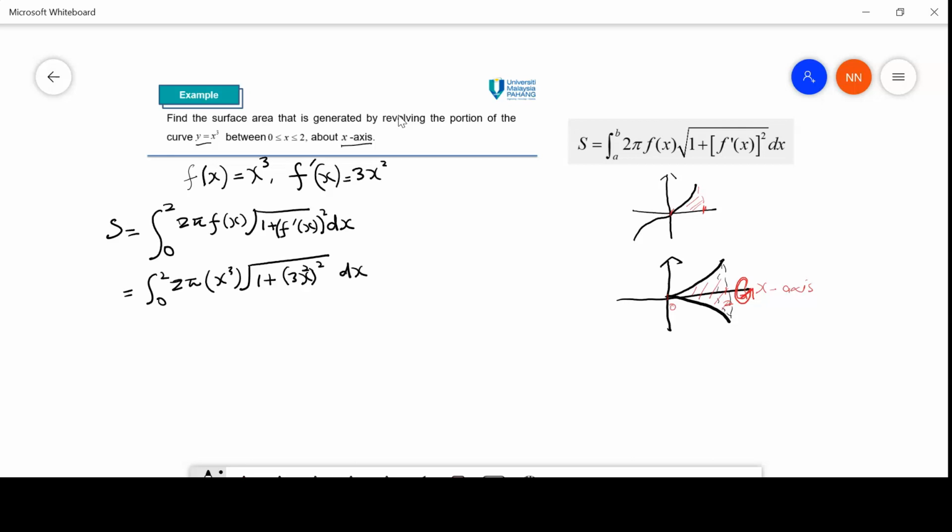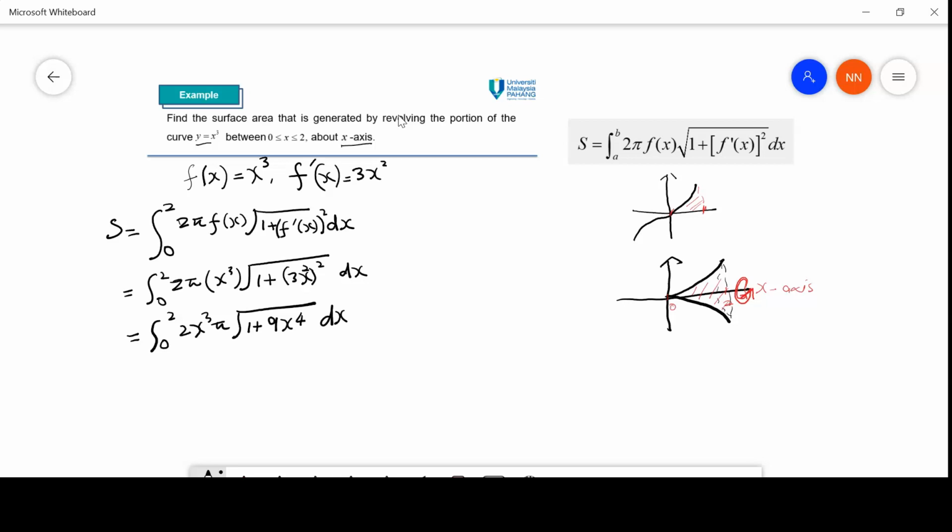dx. Alright. So we simplify first before we evaluate the integral. So we have 2x cubed pi. And then if I square everything here, I should have 1 plus 9x power 4 dx.